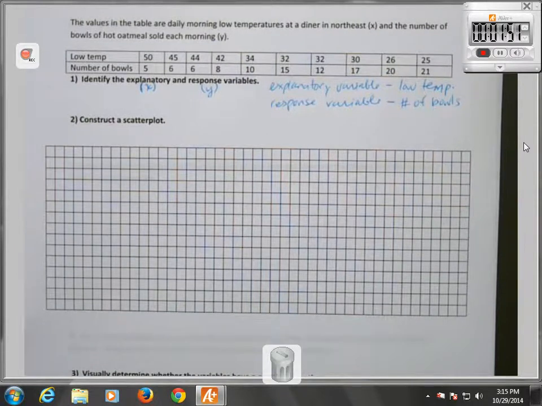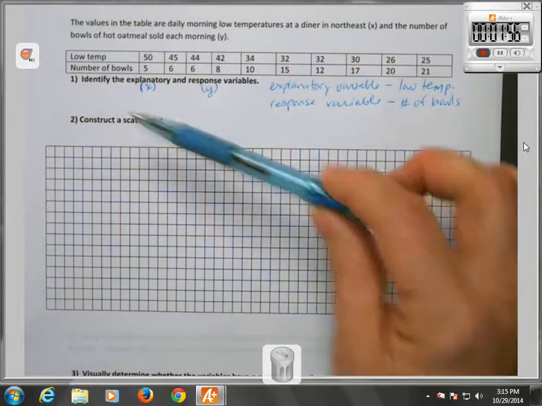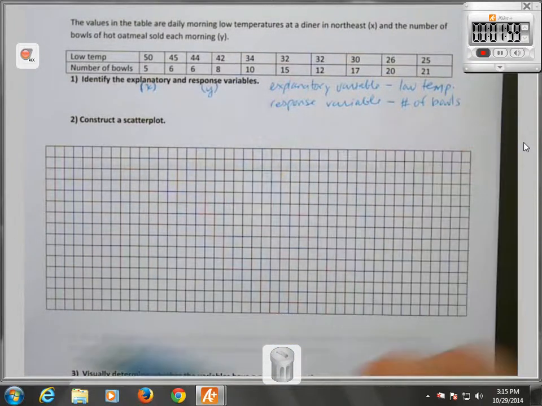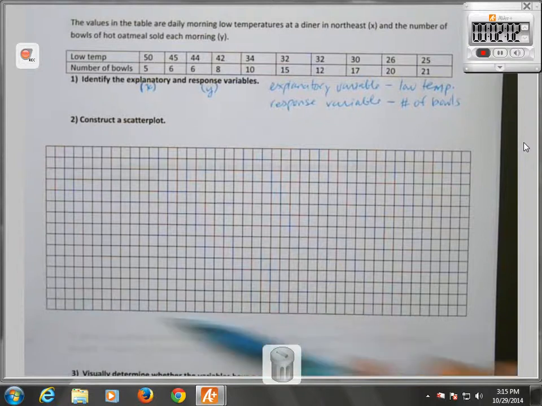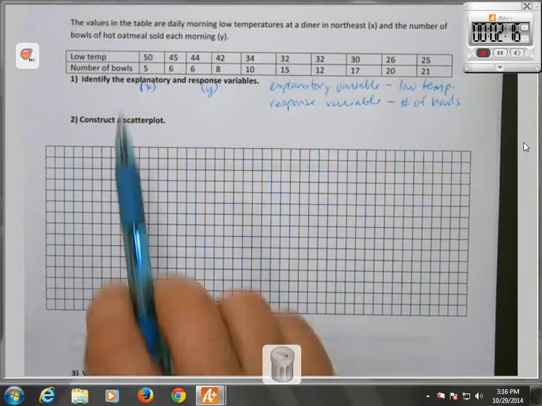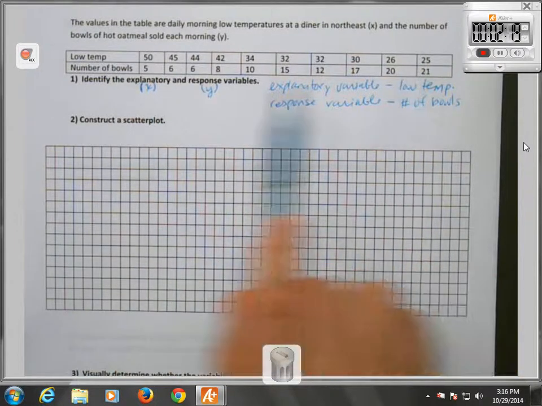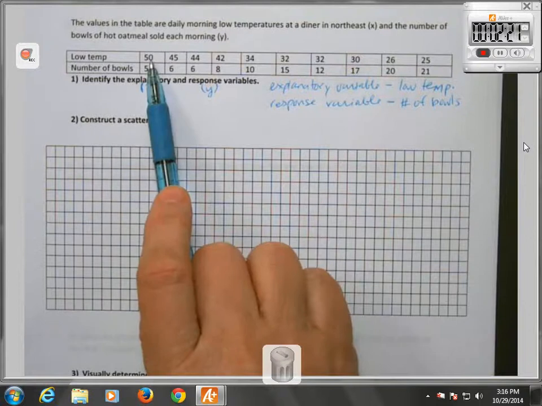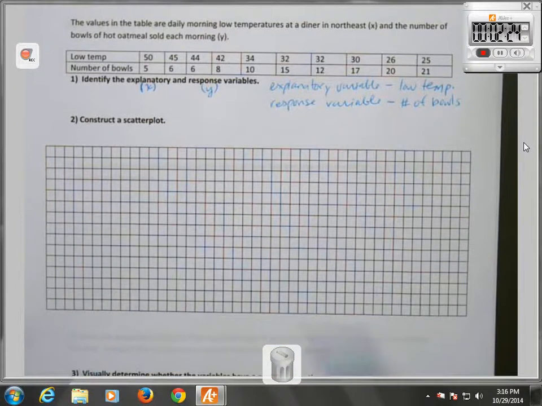Now step 2 requires that we create a scatter plot out of this data. Once we decided in step 1 what is our x and what is our y, the x-axis is our horizontal axis and the y-axis is our vertical axis. It's like quadrant 1 of a coordinate plane. So we need to determine how we're going to set up our scales. Since the low temperatures go from a low of 25 to a high of 50, I have plenty of room to spread this out, so I'm going to scale it by 2's along the bottom.